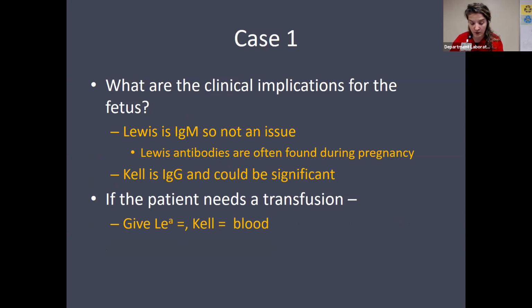If you were to look at your panel, because Lewis A was reacting at 37 degrees, right? 37 degrees is the temperature of your body, so you might want to honor that Lewis A. It just depends on what your SOP requirements say. Because you're going to do your crossmatch at 37 degrees, if you pick your units and they were compatible at 37 degrees, that would be efficient, okay? That would satisfy the requirement.